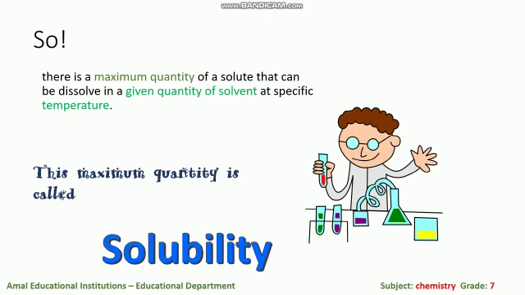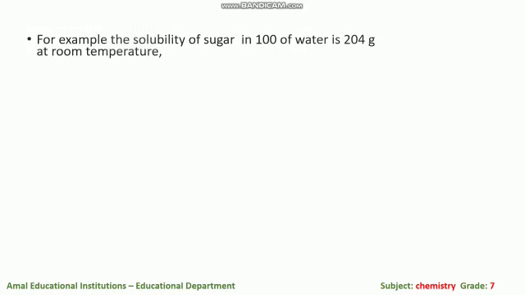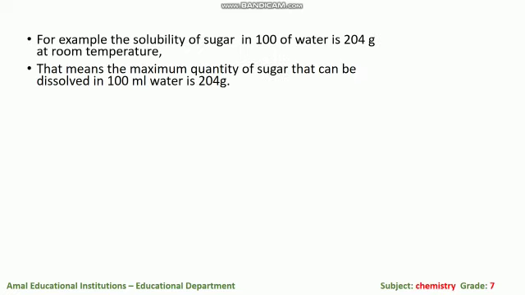So the solubility of a substance is the maximum quantity of this substance that can be dissolved in a given quantity of the solvent at a specific temperature. For example, the solubility of sugar in 100 milliliters of water is 204 gram at room temperature. That means the maximum quantity of sugar that can be dissolved in 100 milliliters of water is 204 gram.